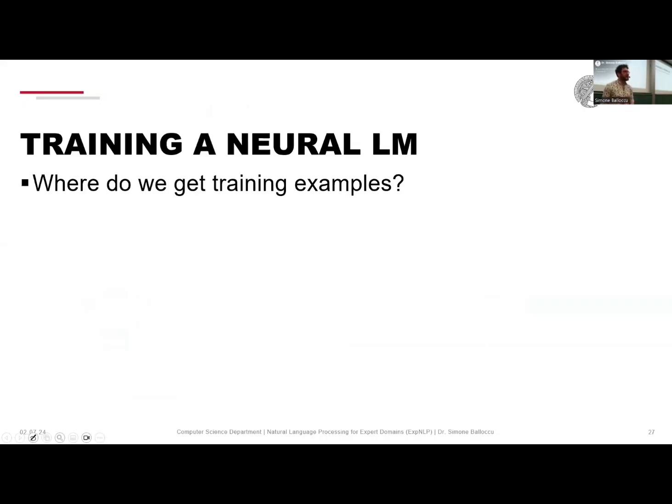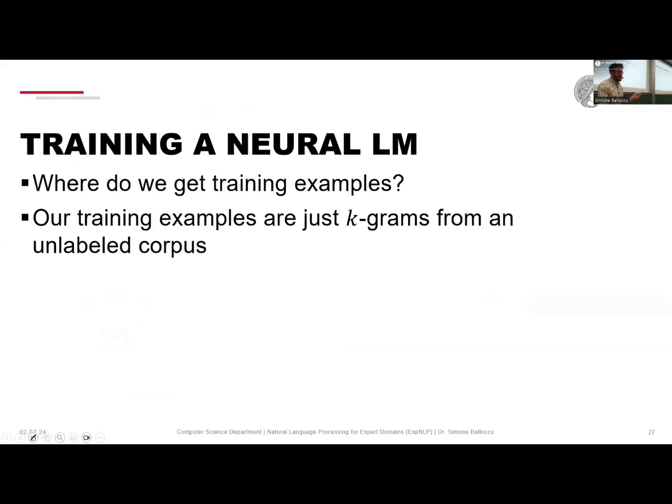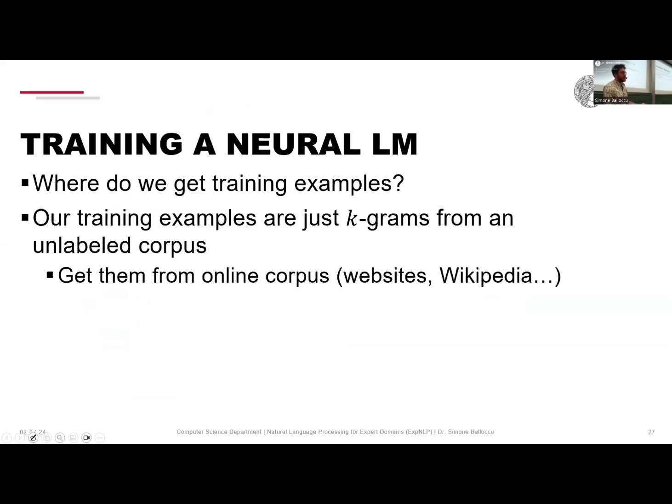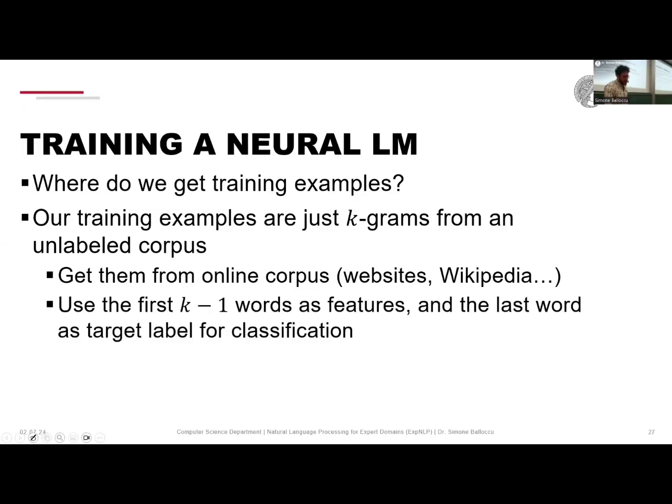Does anyone have an idea? Again, don't be afraid to try. Nothing bad happens if you're wrong. Yeah? The internet. Yeah, that's the answer for everything. So our training examples are just sequences of words from any corpus you can find. Go on Wikipedia, go on wherever you want, on Facebook, not on 4chan probably, but use the first k minus 1 words as the features, and then your label is the final word.